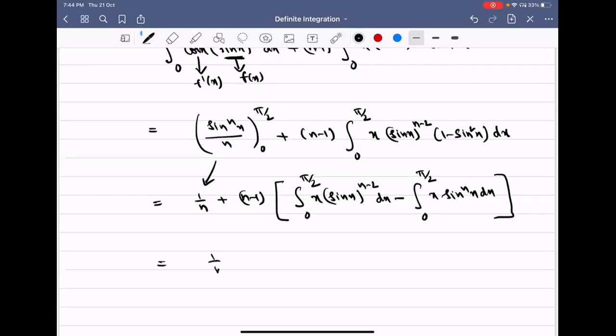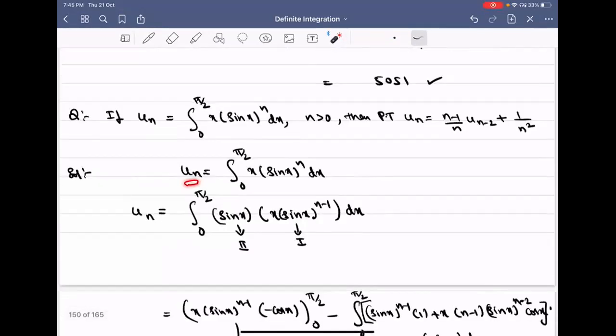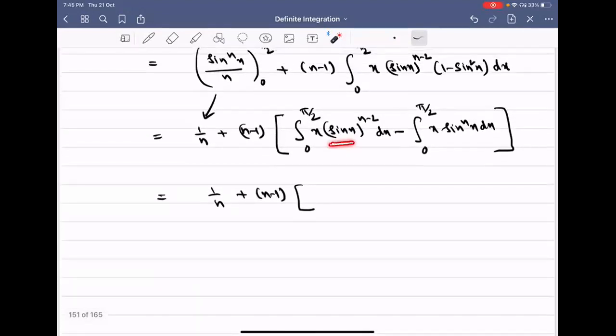Now this is equal to 1 by n plus n minus 1 into, this one is Un minus 2, because what is Un? Un is equal to integration of 0 to pi by 2 x sin x power n. If you replace n with n minus 2, then you will get this one. So this is Un minus 2 minus the second one, which is Un.